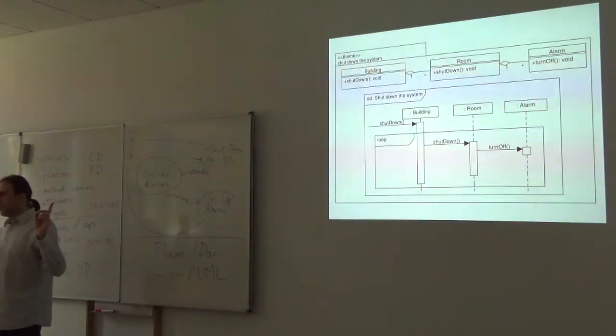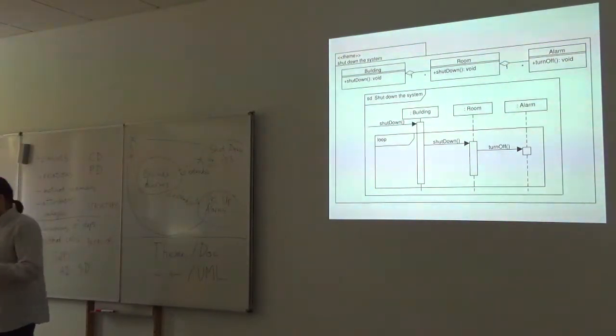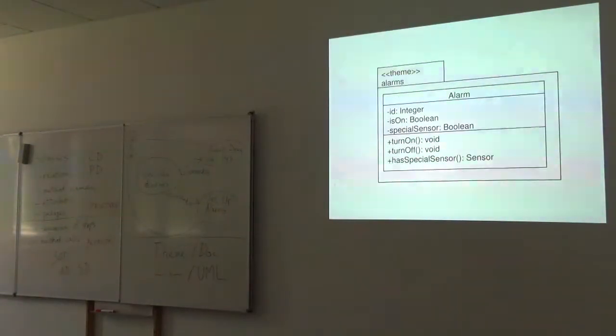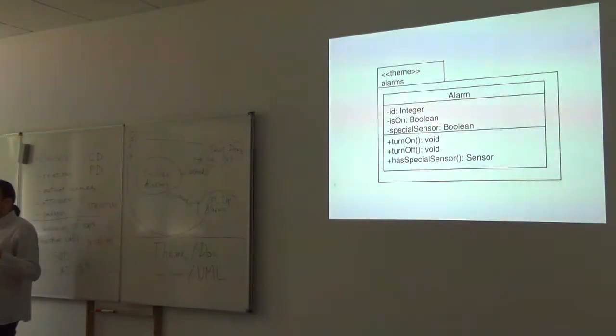So observe that this is a natural attitude towards design. When we need to show all attributes and all the methods, the picture becomes cluttered with details, and we cannot see the main message.